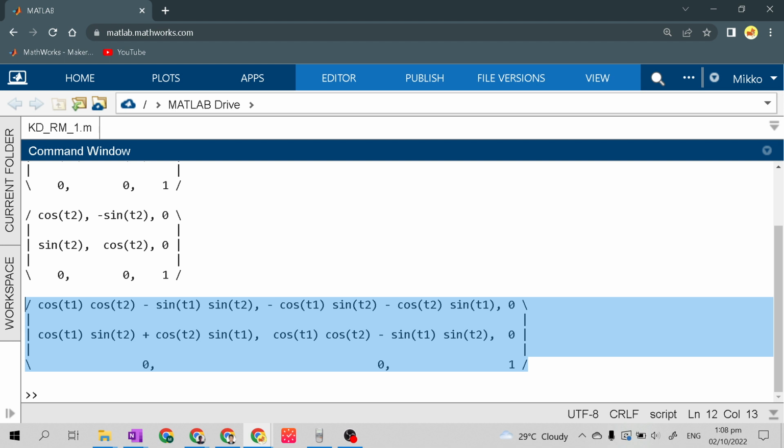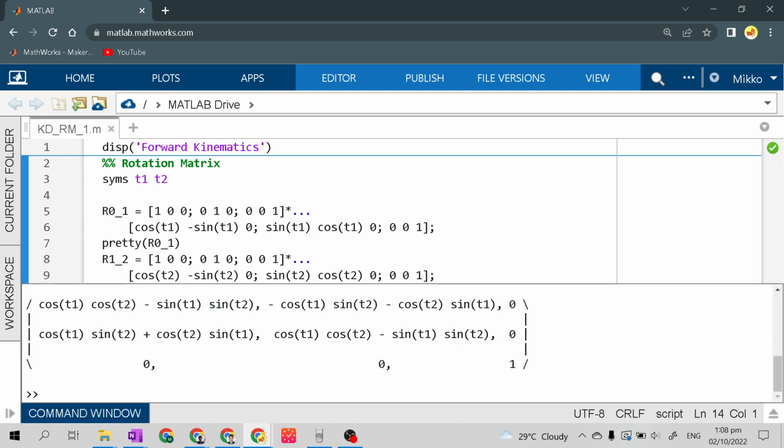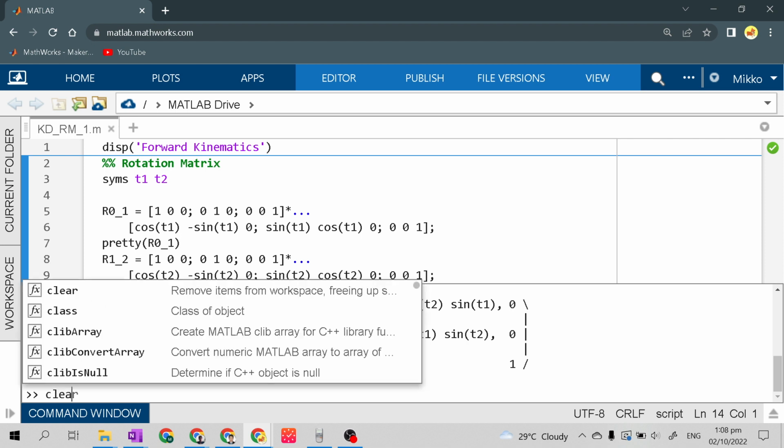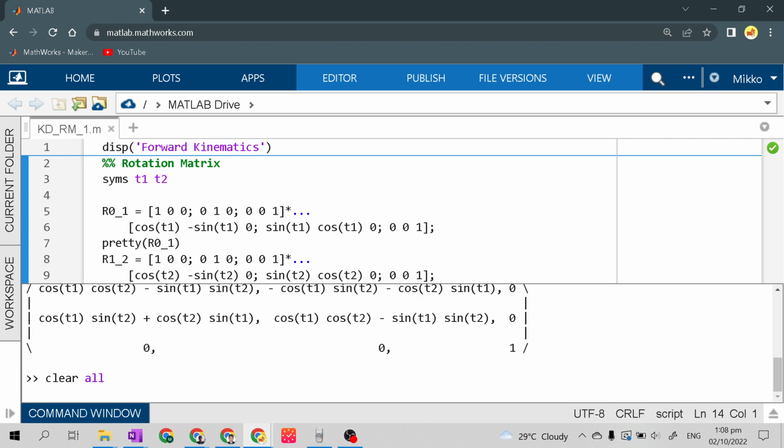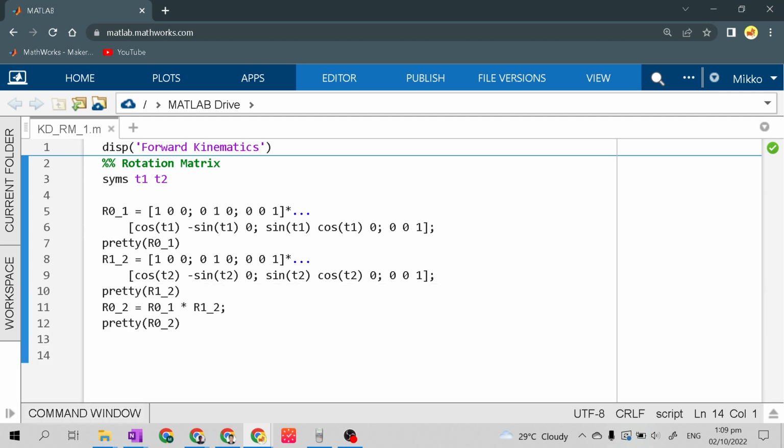Now we have the 3 by 3 matrix, or the rotation matrix, of our mechanical manipulator. Now we will do some substitutions of value to our variables T1 and T2. We have here two types of values, radian and degrees.